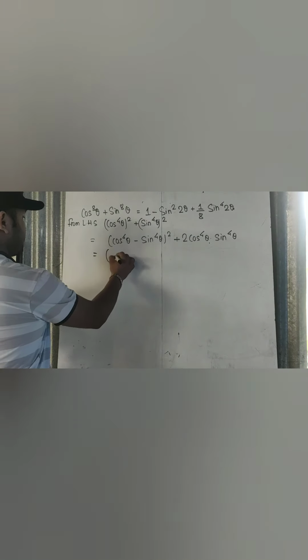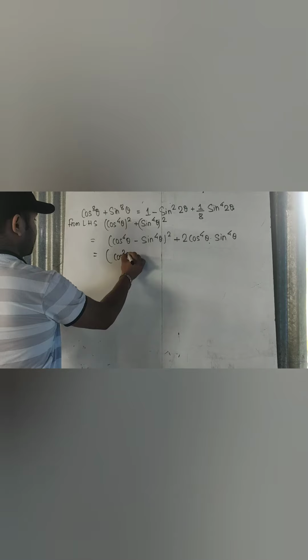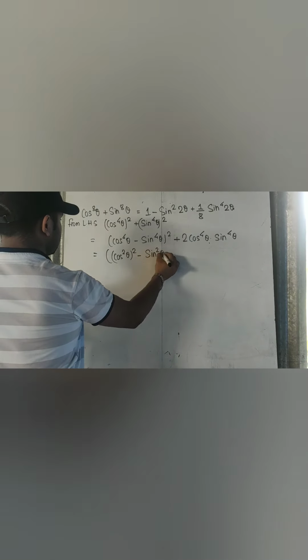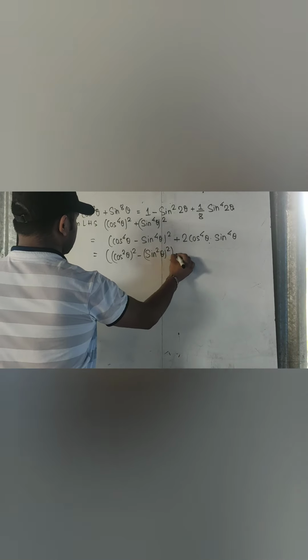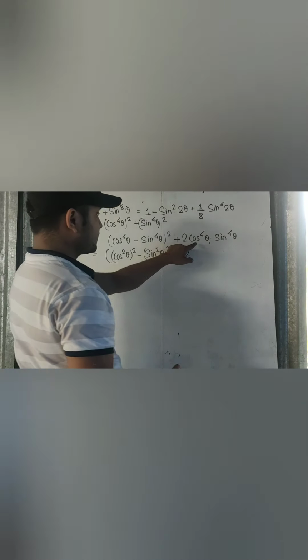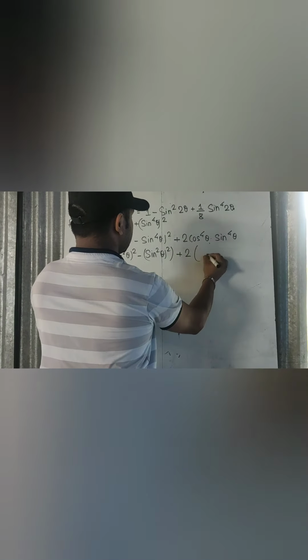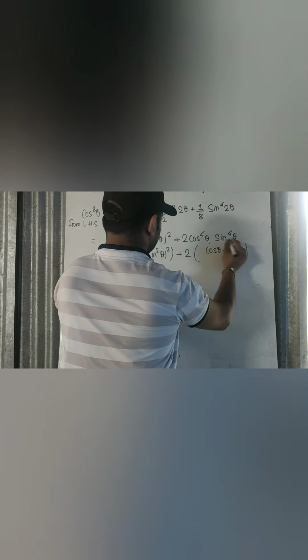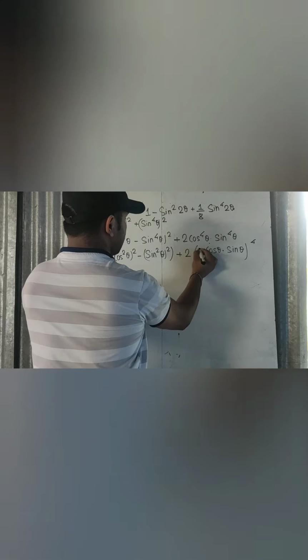Now again cos power 4 theta can be written as (cos square theta) whole square, and sin power 4 theta can be written as (sin square theta) whole square. Here cos theta and sin theta are being multiplied, so we keep them together: cos theta into sin theta, with power 4. Now we multiply numerator by 2 and denominator also by 2.